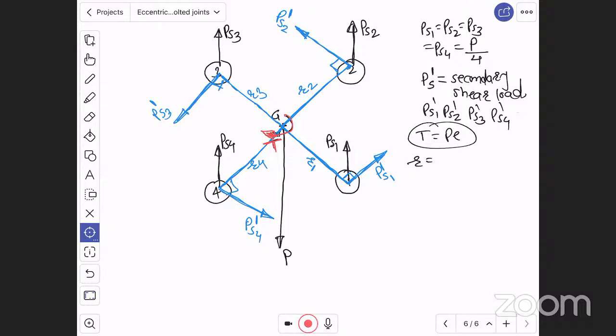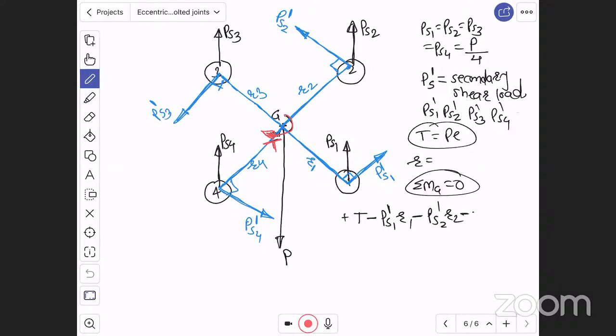Now our target is to find these secondary shear loads, and for that we apply summation of moment about G equal to 0. Torque is in clockwise direction, therefore positive: torque minus PS1 dash into R1 minus PS2 dash into R2 minus PS3 dash into R3 minus PS4 dash into R4 is equal to 0.